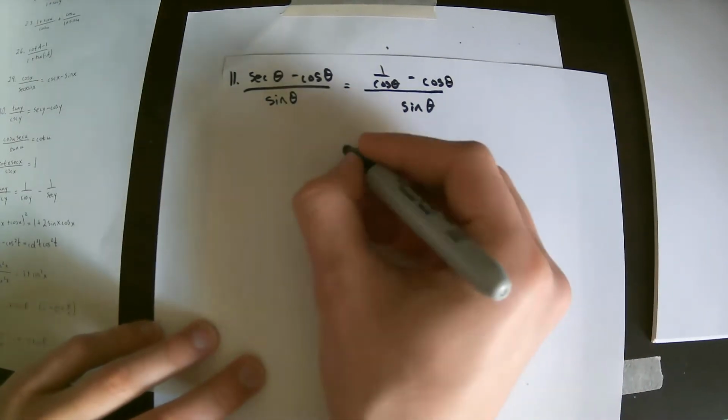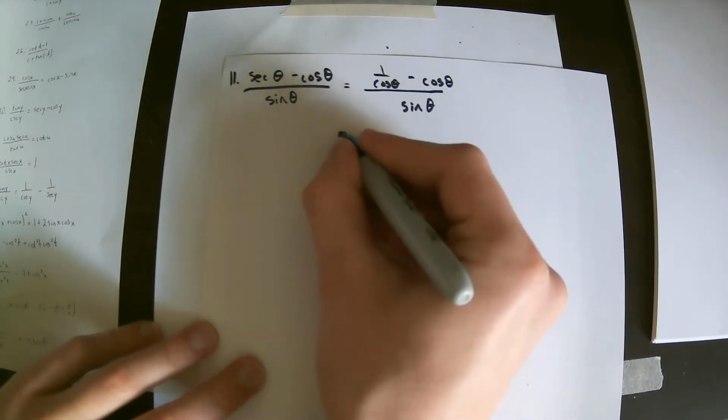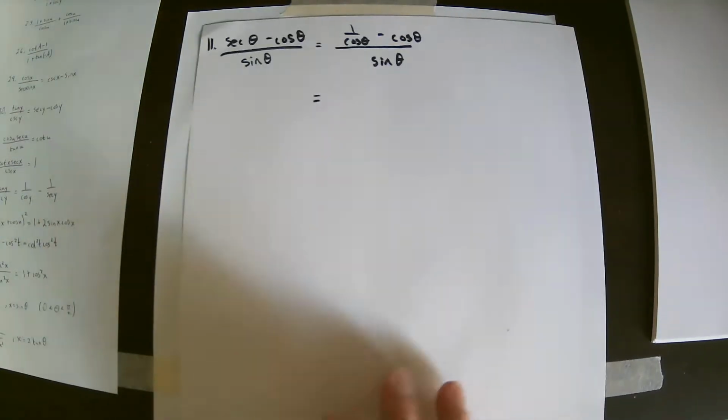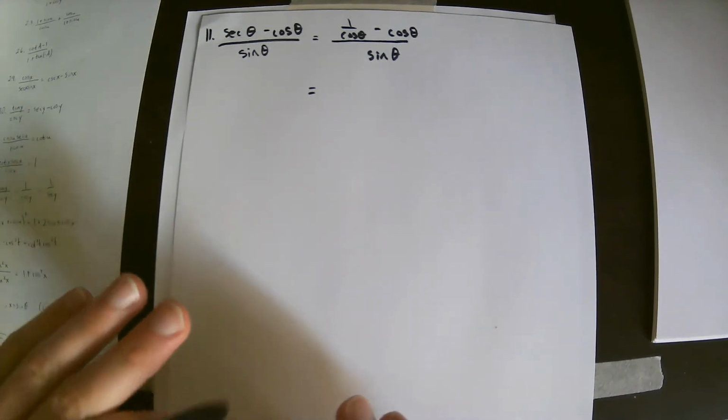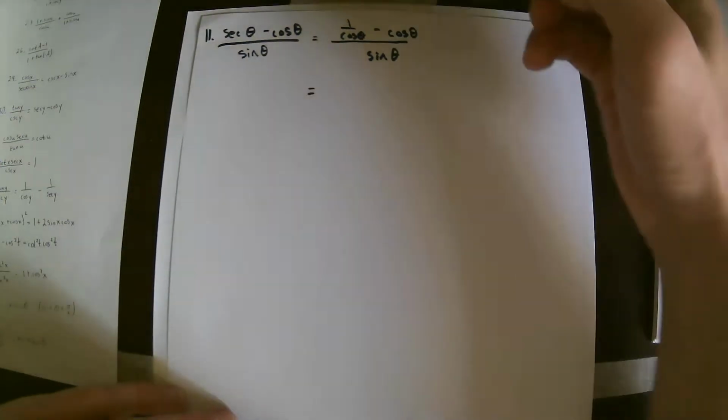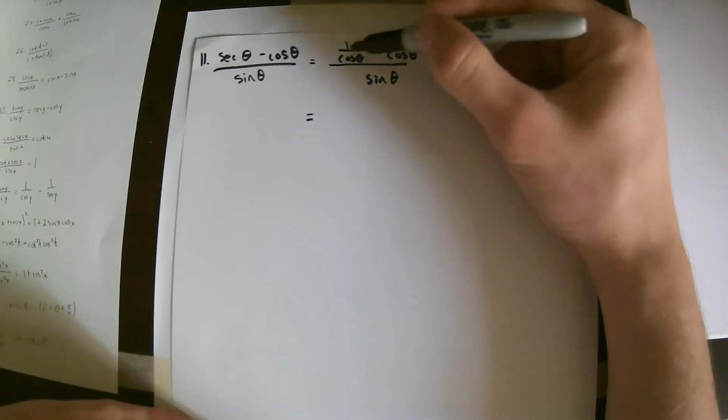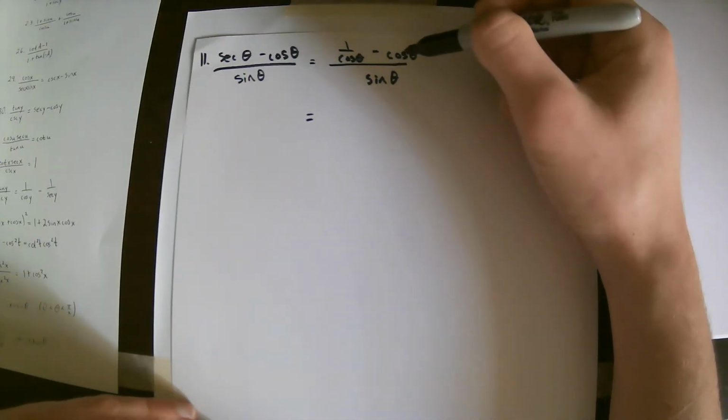There are multiple ways to do each one of these, and I can't promise that I'm always going to find the fastest way. One thing I'm thinking of doing is getting a common denominator in the top.